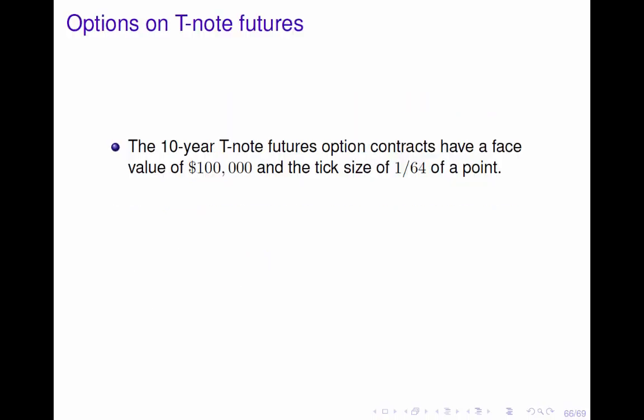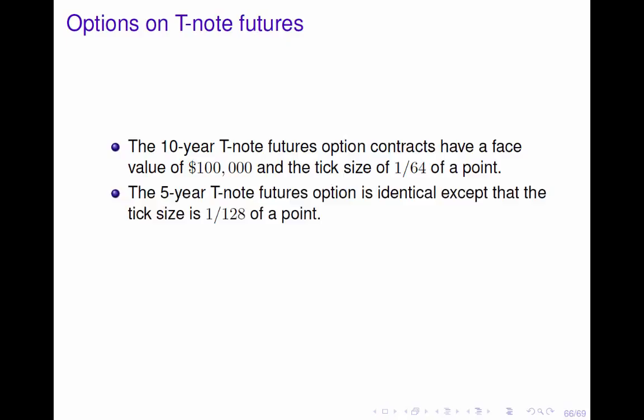The options on T-note futures are similar to the options on T-bond futures. The 10-year T-note futures option contracts have a face value of $100,000 and a tick size of 1/64 of a point. However, the 5-year T-note futures option has a tick size of 1/128 of a point.